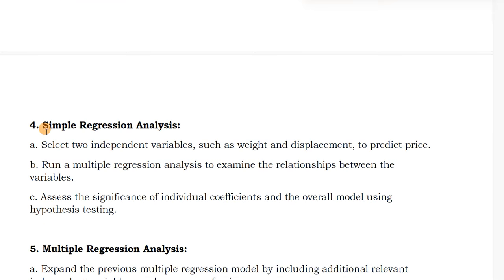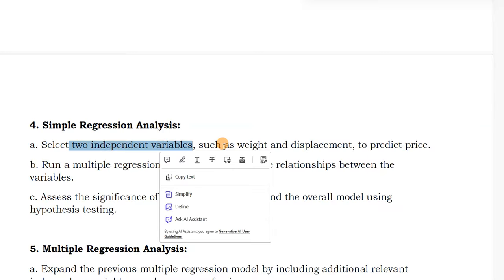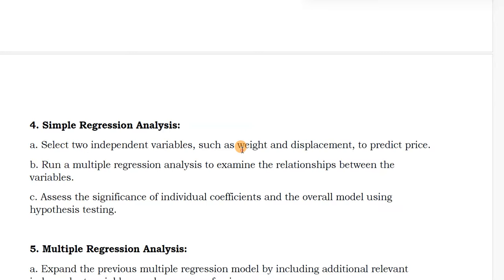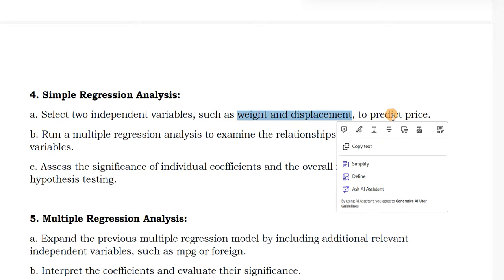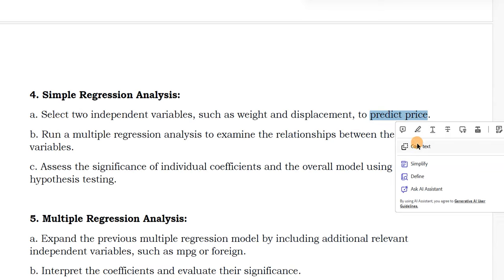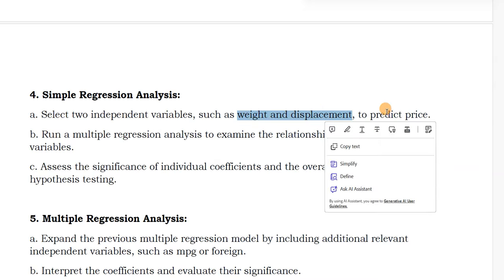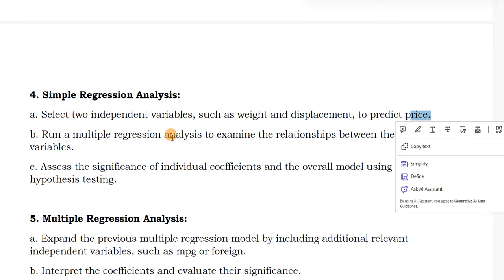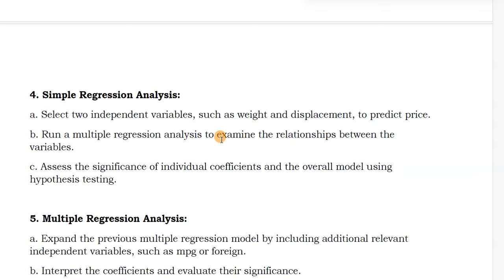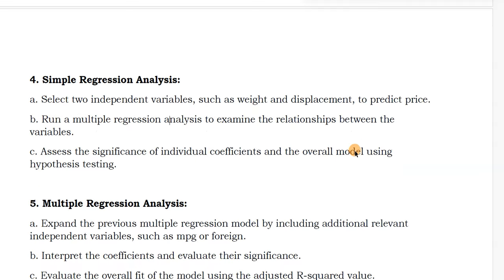Besides that, you'll be looking at a simple regression by selecting two independent variables such as weight and displacement, and predict the variable price. So it means those two variables will be two x's to affect y, and it will be very simple for you to run the multiple regression and look at the relationship.